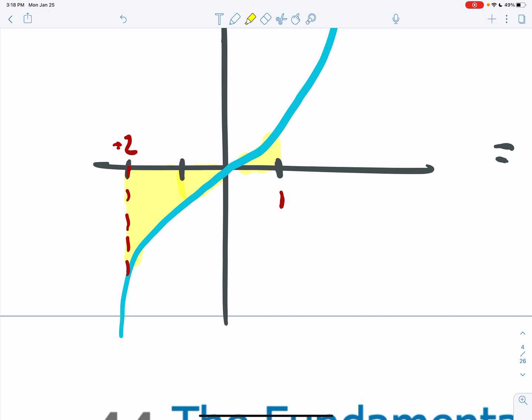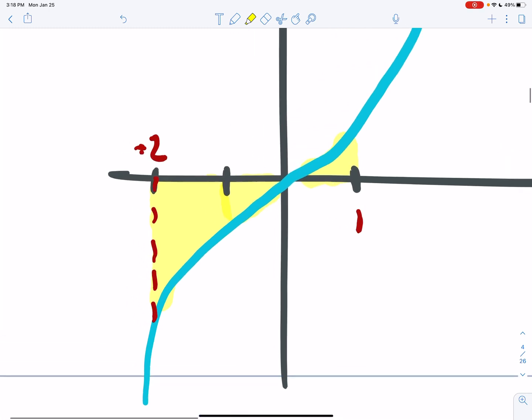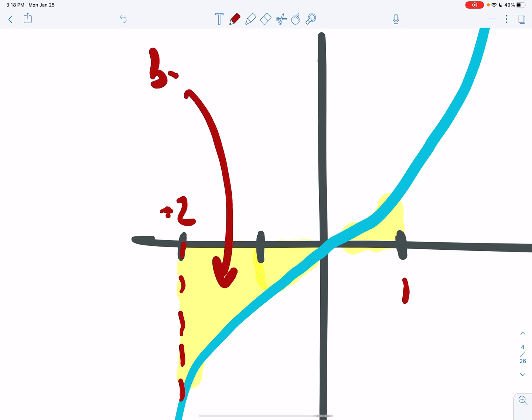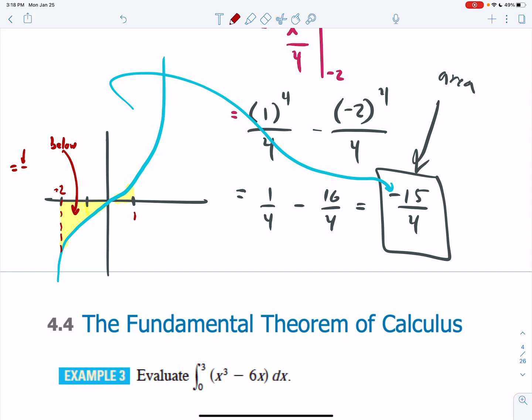And this is what you call net area. So do you have more area above or below the x-axis? If you notice, there's a lot more area below the x-axis, which implies that your final answer will come out negative, which is why I have a negative answer here. So it's accumulating all that space, but anything below the x-axis is considered negative, and anything above the x-axis is considered positive, okay?